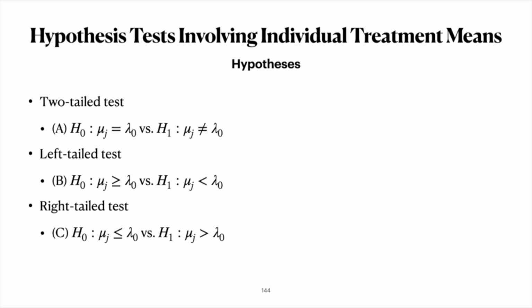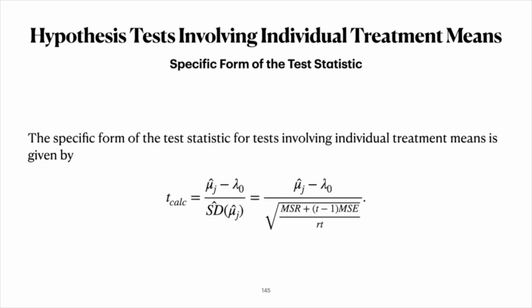So with that in mind, we have three sets of hypotheses: a two-tailed test, a left-tailed test, and a right-tailed test. In each case, both the null and alternative contain statements involving only one of the treatment means.